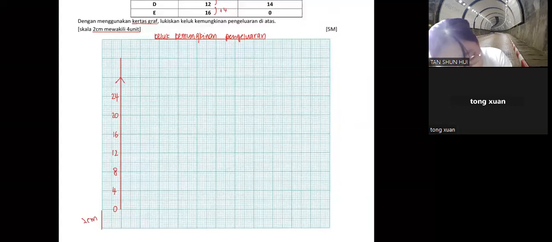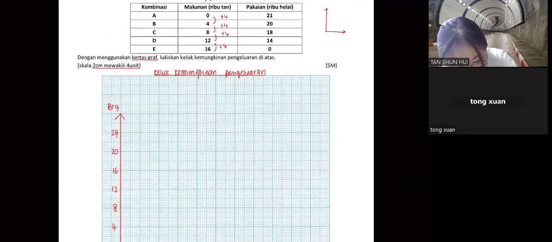Because my maximum number is 21. And then label it. This is the y-axis. Y-axis is pakaian, not barang. Sorry, pakaian. Don't forget to write down 1000 helai.